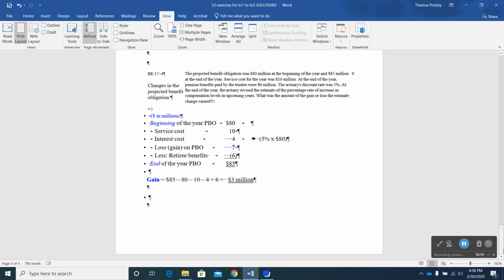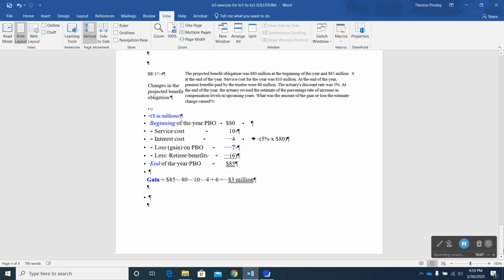In other words, start at one point, end up at another. The only way you can put this together to start at 80 and come up with 85 is if you were to subtract 3. We are going to call this adjustment factor required in PBO to be a gain or a loss. Now, since it's a negative number, and it's a reduction in a liability, it is a gain.